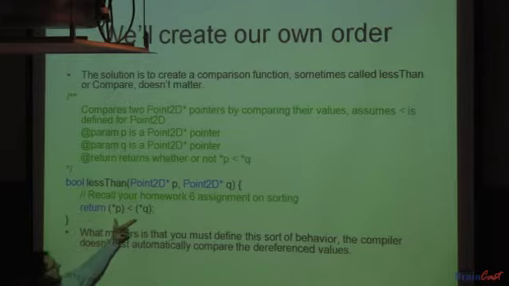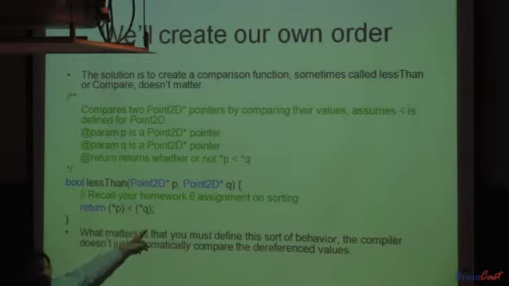But basically, what I decided to do was ignore the string, ignore the weight, just dereference them, get the sliced object as a point2d object, and then compare them as two point2d objects. I've already overloaded the less than for two point2d objects.